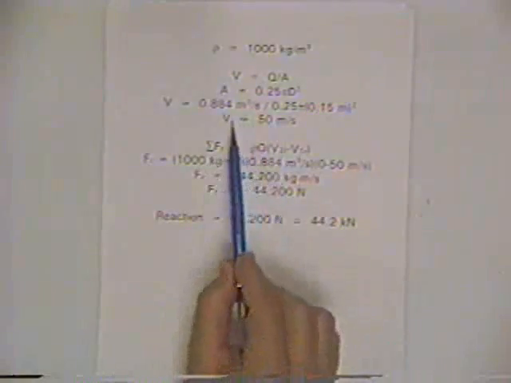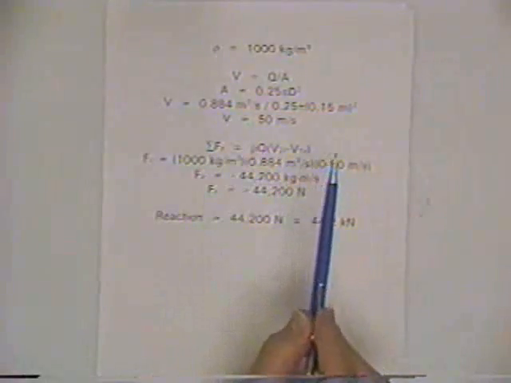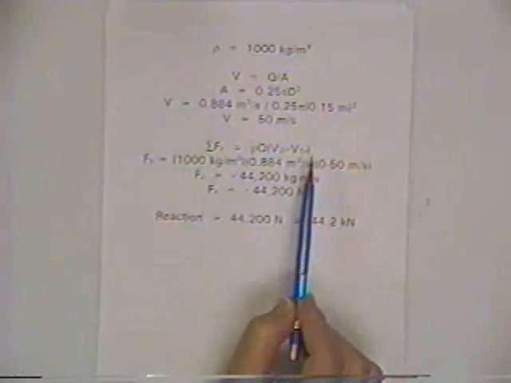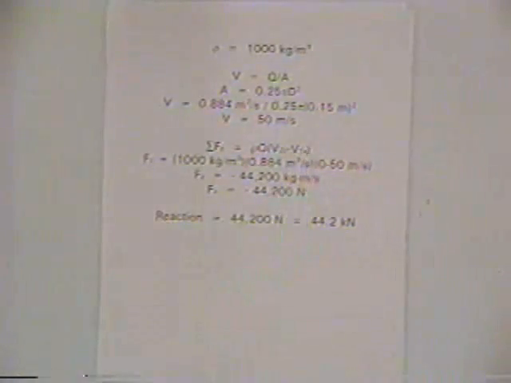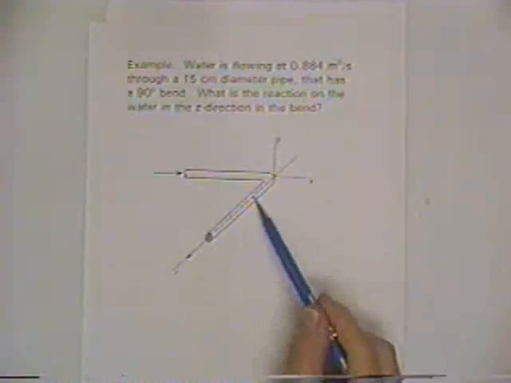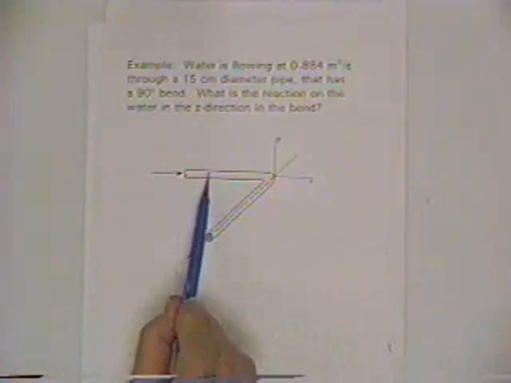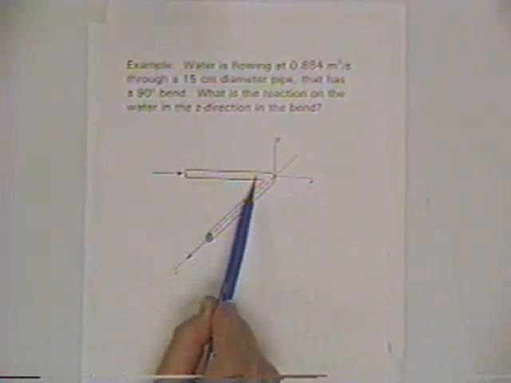Now, we needed the velocity to be able to plug in, and really there's a 90-degree bend, so in the z direction going into the bend there is no component.